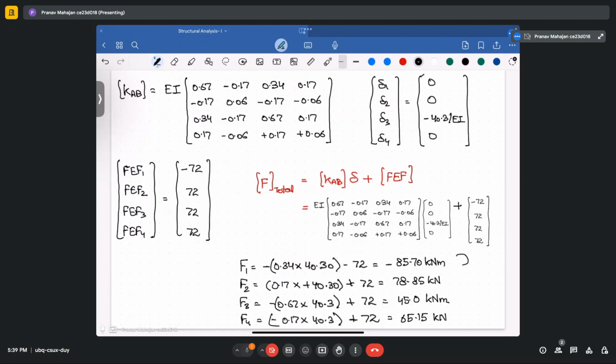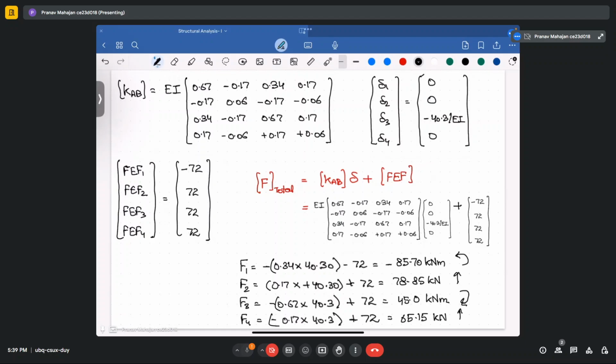Okay, this will be anticlockwise, this will be upwards, this will be clockwise, and this will also be upwards. Okay, so this is how we have solved for the element AB.